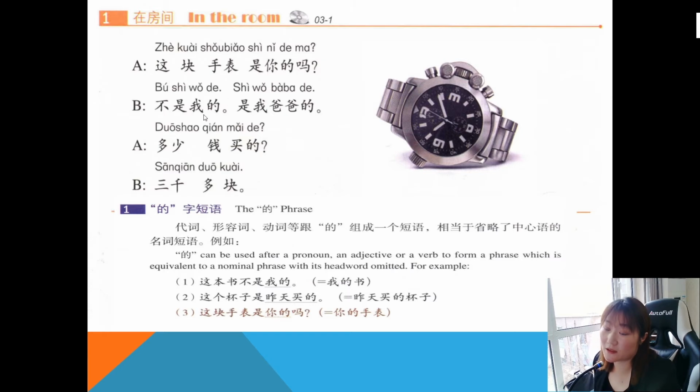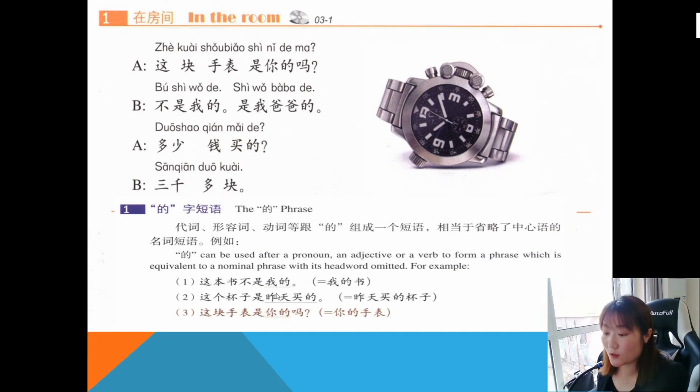Here you find that 的 and the numbers 1, 2, 3, right? So let's learn the grammar about the 的 phrase. 的 can be used after a pronoun, an adjective or a verb to form a phrase which is equivalent to a nominal phrase with its head word omitted.